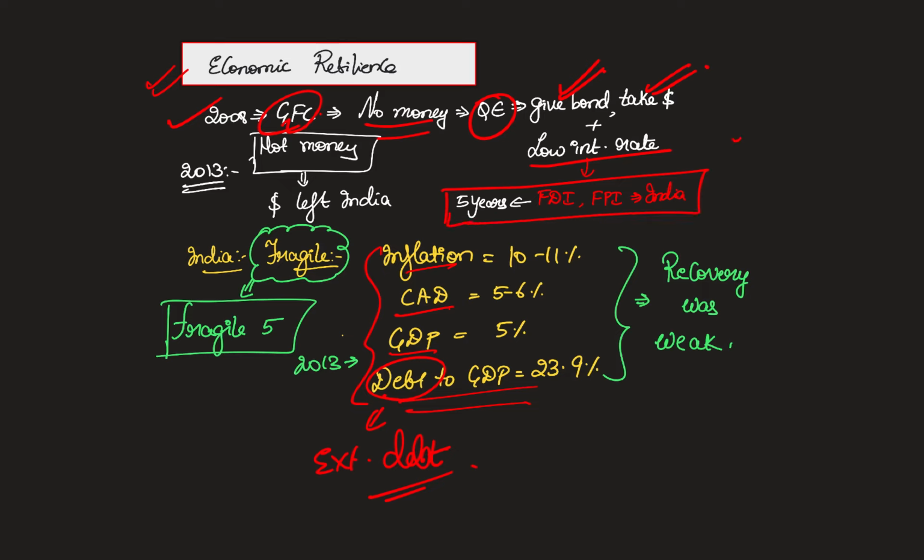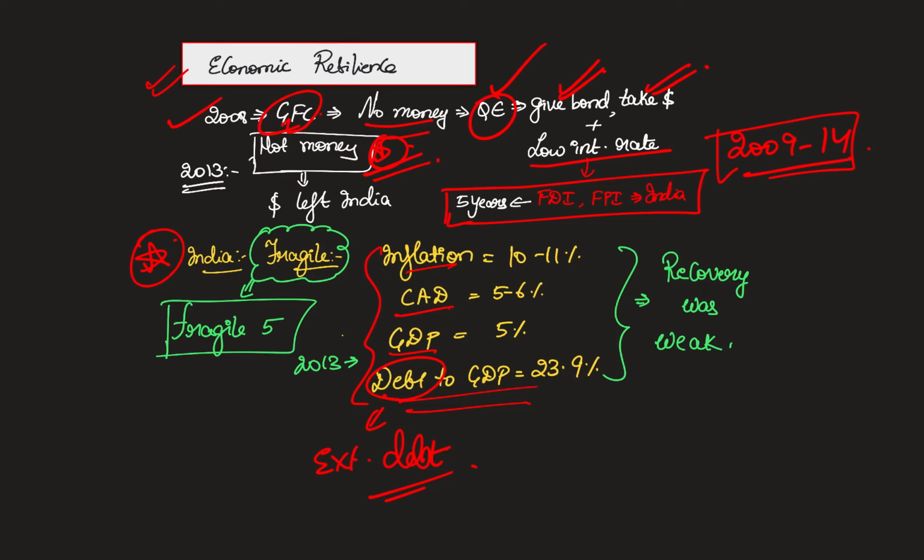So the period from 2009 to 2013-14 was a very good period for these Americans, because they got very good interest rates. But when this stance was reversed in 2014, the economy just plunged in India because dollars were moving out. This is called hot money. This made India very fragile.